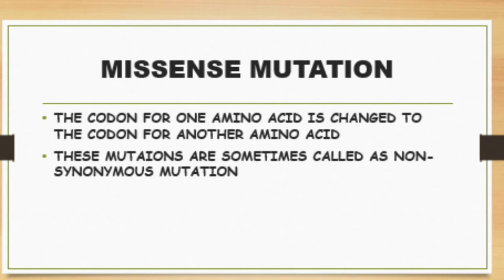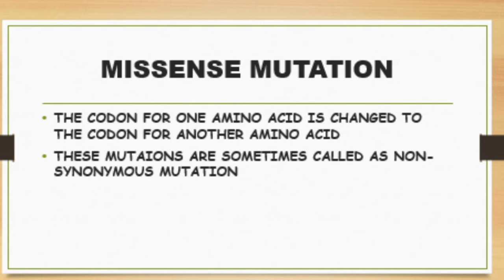Take the base pair sequence, like GAA is glutamic acid. When the base pair changes, it doesn't give rise to the same amino acid. It changes the amino acid, which causes mutation. The changed amino acid will perform a different function or will not perform any function.